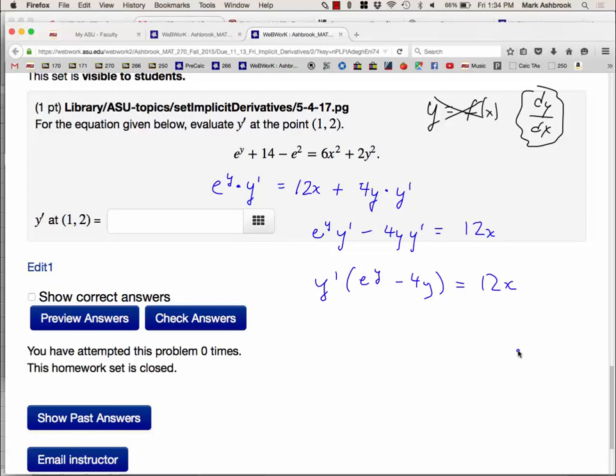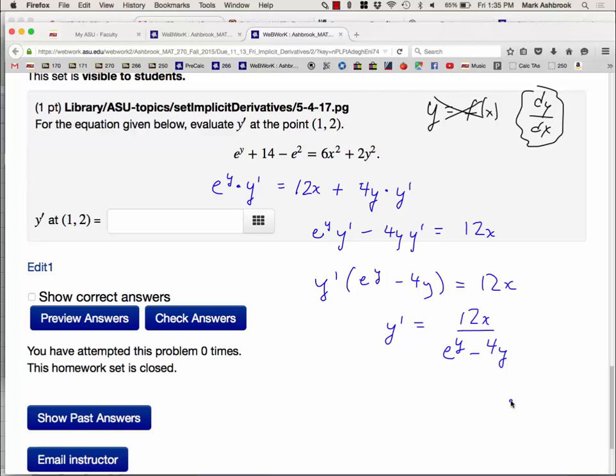Once you've moved every term with a y prime over to the left, then you can factor out y prime and solve for it. And that is the rate of change with respect to both x and y. So it's with respect to any ordered pair on the graph. Any ordered pair on the graph, this equation will give the rate of change.